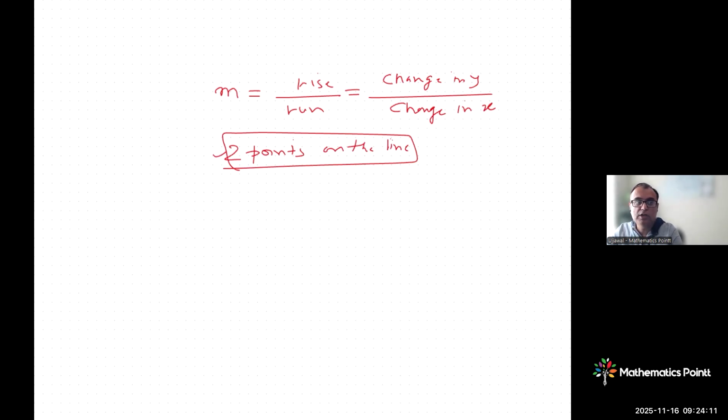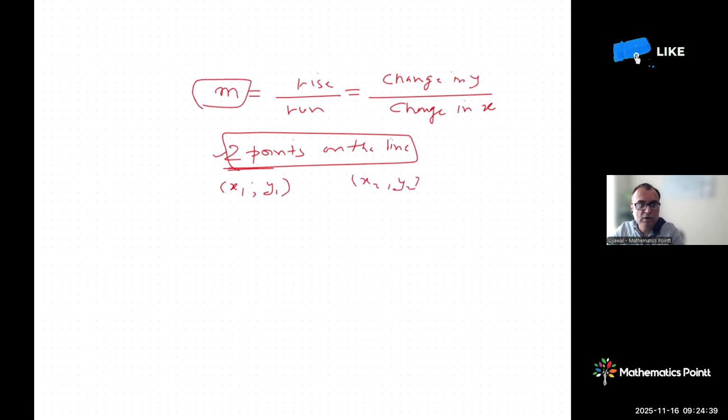So, in order to find the slope of any line, you need just 2 points again. If you have 2 points on the line, that means 2 values, let's say x1, comma y1 and x2, comma y2.